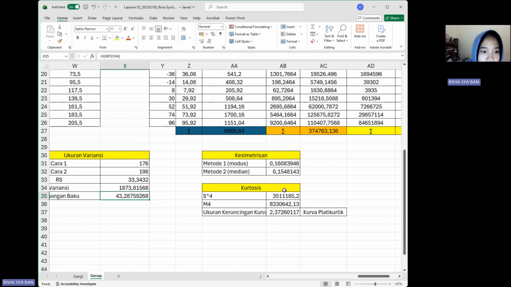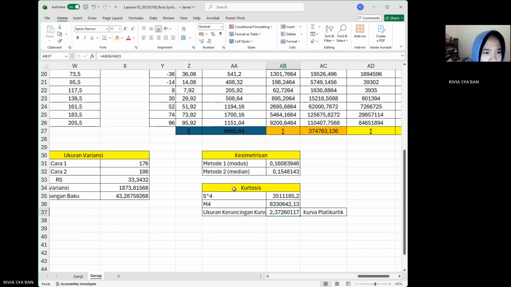The kurtosis value is 2.37, which is less than 3.